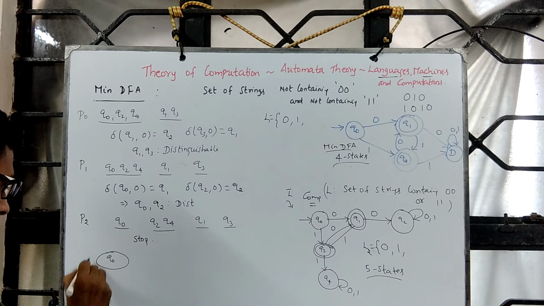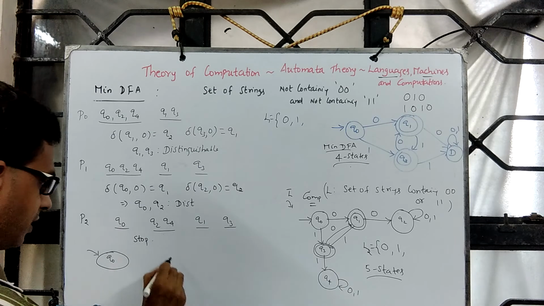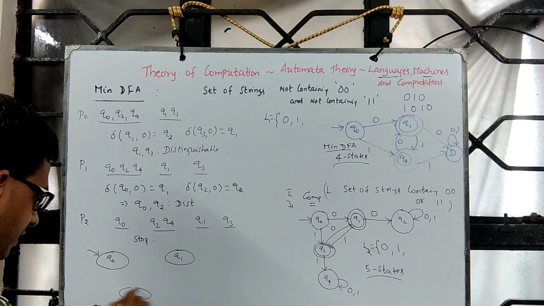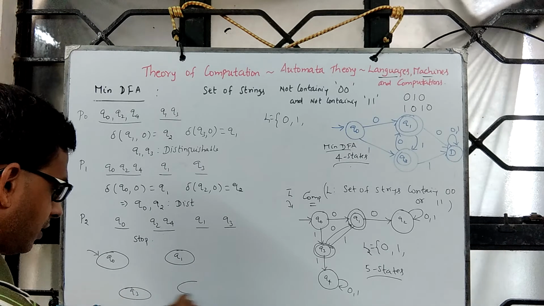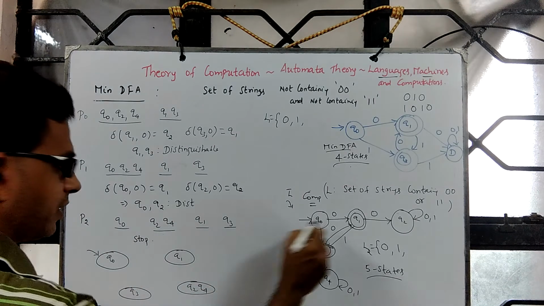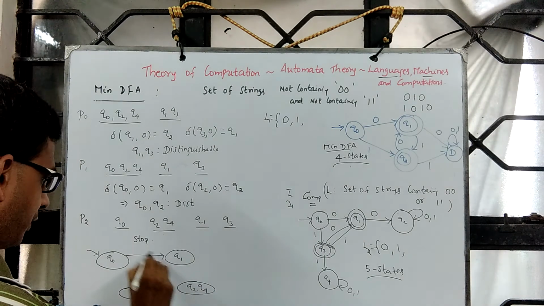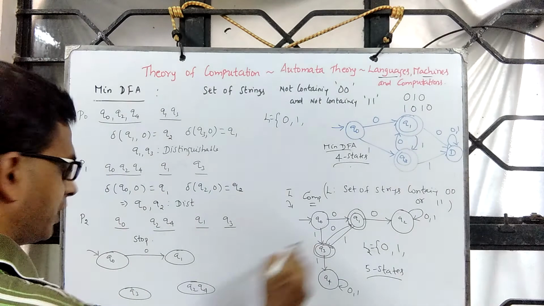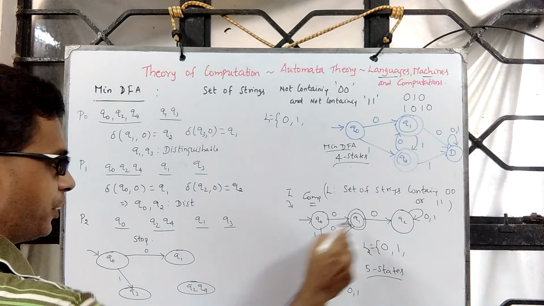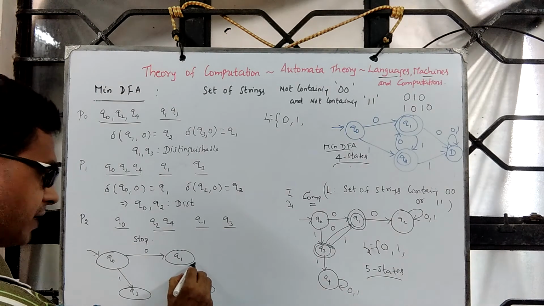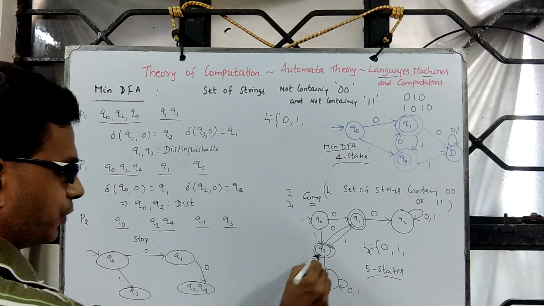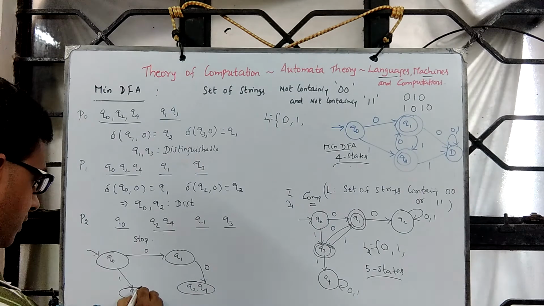one state for Q0, that will be the start state, one state for Q1, one state for Q3, one state for Q2, Q4. Q0 comma 0 says Q1 and Q0 comma 1 says Q3 and Q1 comma 0 says Q2 and Q3 comma 0 says Q1.